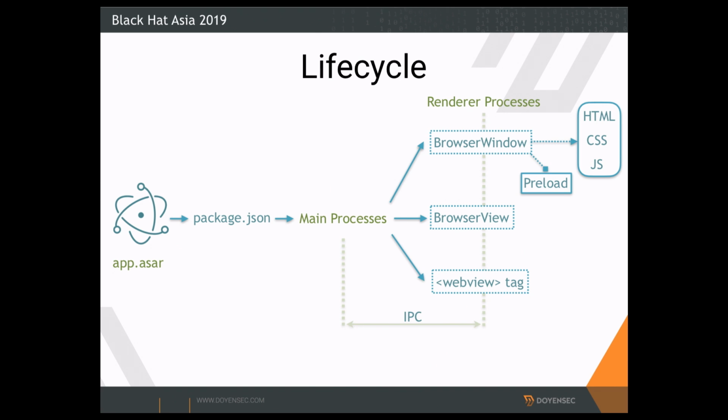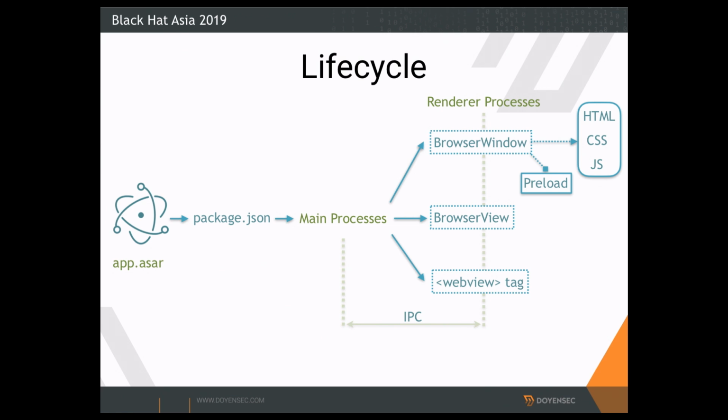The way Electron works is by inspecting those packages, looking for a package.json manifest file, which will determine the main process, the first process executed by the framework. When you build the main process, as a developer, you're supposed to create a render process, which will contain the actual web content.